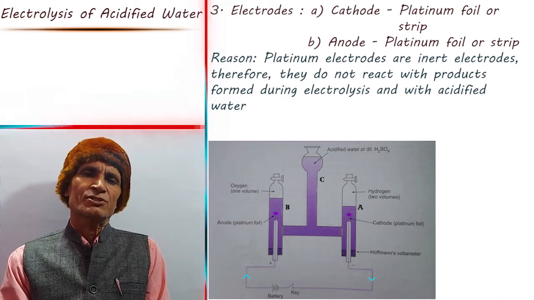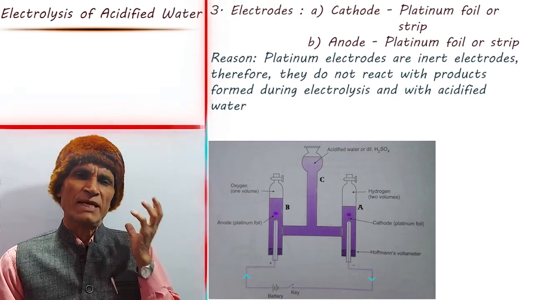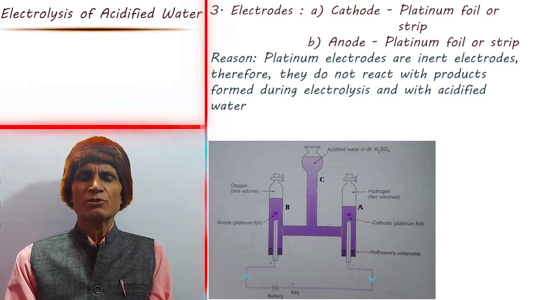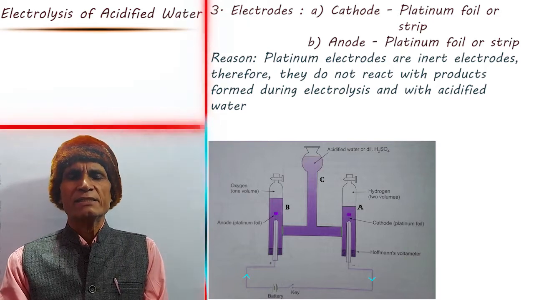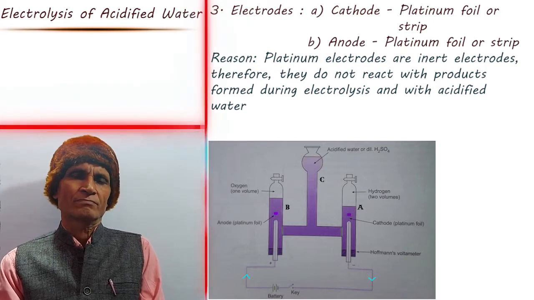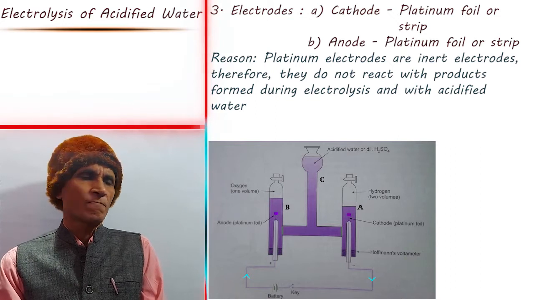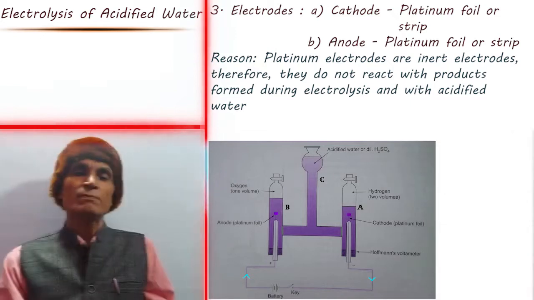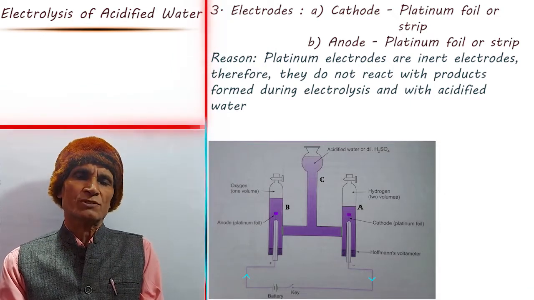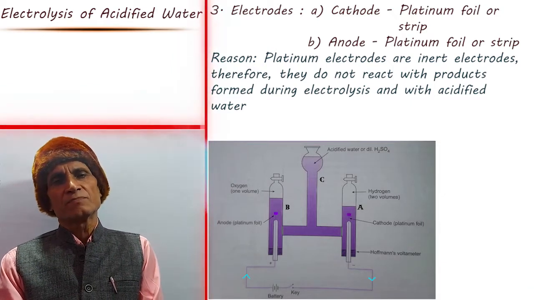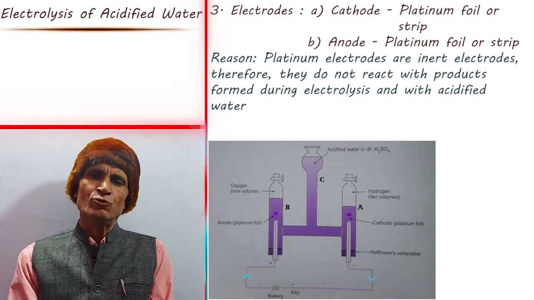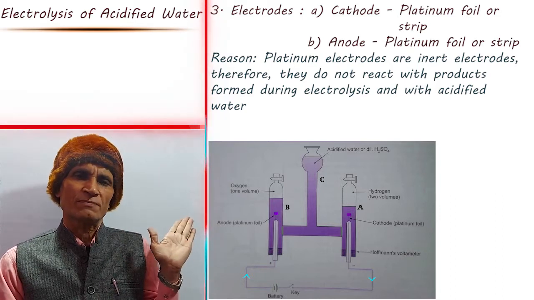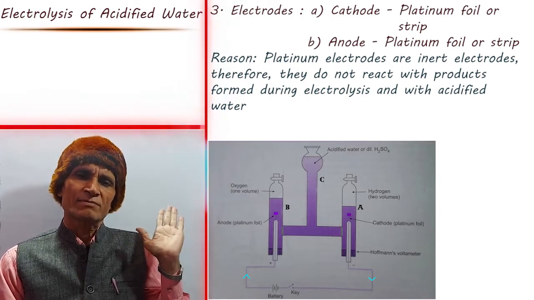This platinum foil connected to the negative terminal of the DC power source acts as cathode, and the glass tube B, which is connected to the positive terminal of the DC power source, acts as anode. Positive terminal of the DC power source, remember, that is anode.